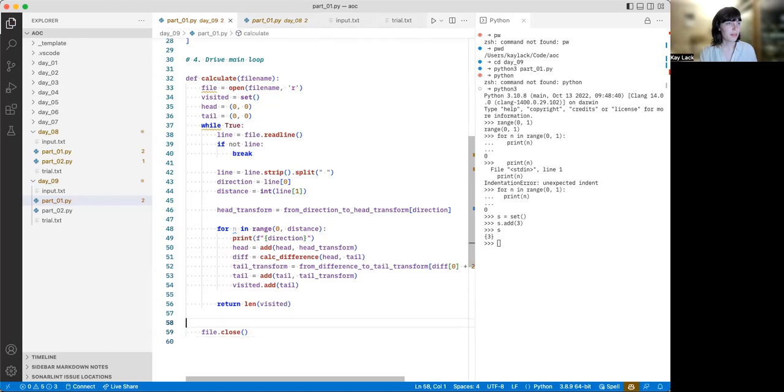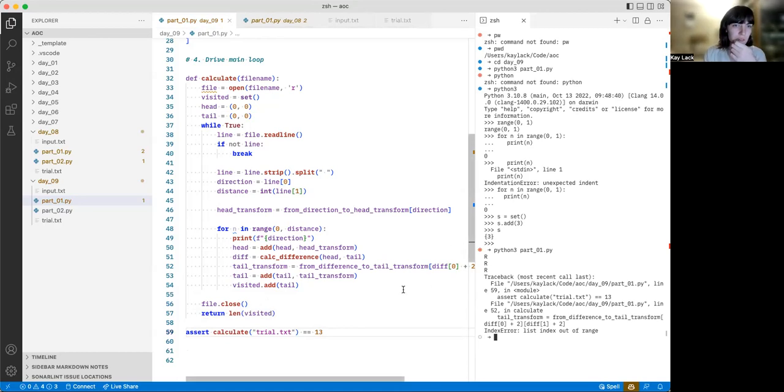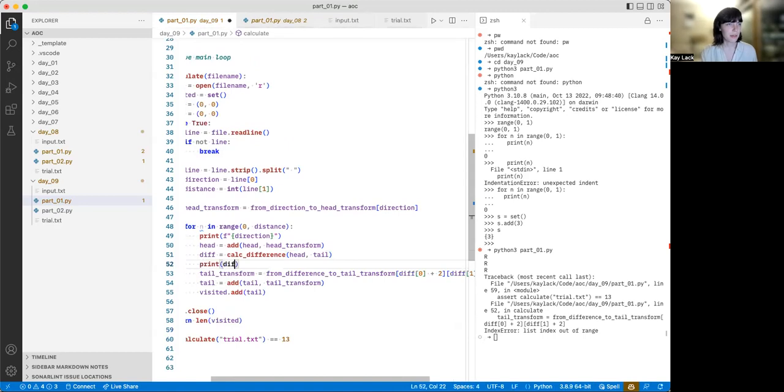Okay, and then we close the file somewhere here. Great. Okay. There's a lot of ifs here, but I may have gotten various things wrong. Let's find out. Okay, list index out of range. Fine, let's look at the diff.